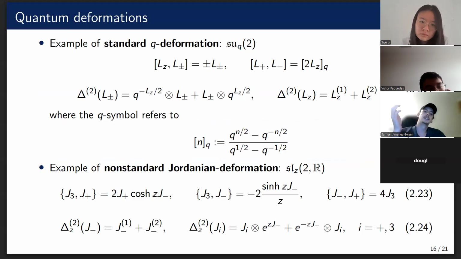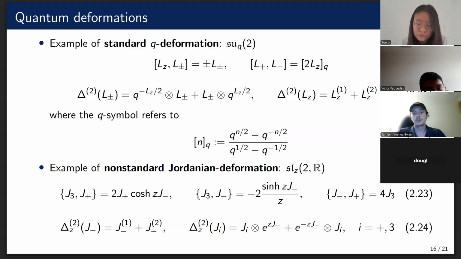The first one is often referred to as the standard or the Q deformation. So we've got the standard deformation of the Lie algebra SU2, and we can see that the commutation relations are deformed by this Q bracket that's given in equation 2.22.